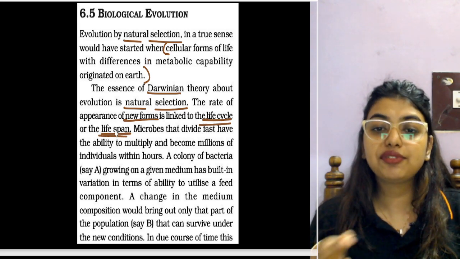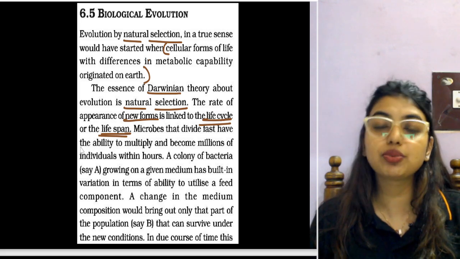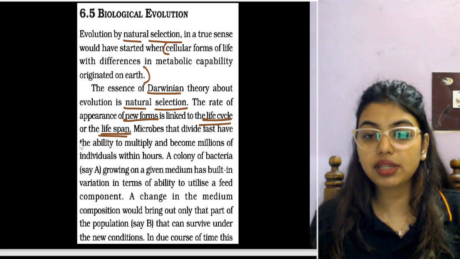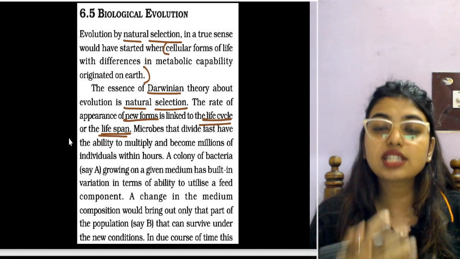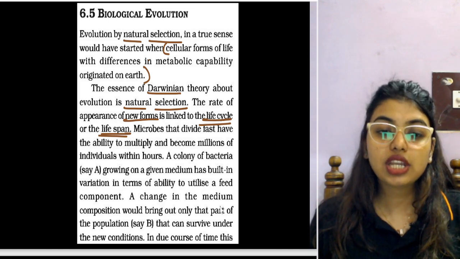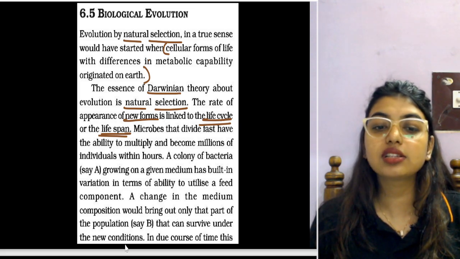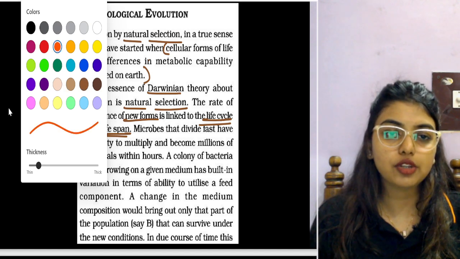Microbes that divide fast have the ability to multiply and become millions of individuals within hours. A colony of bacteria growing on a given medium has built-in variation in terms of ability to utilize a feed component. A change in the medium composition would bring out only that part of the population that can survive a new condition. What they're trying to say, I'll tell you.